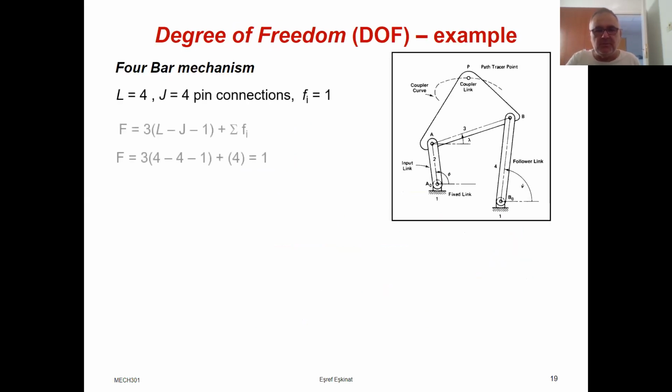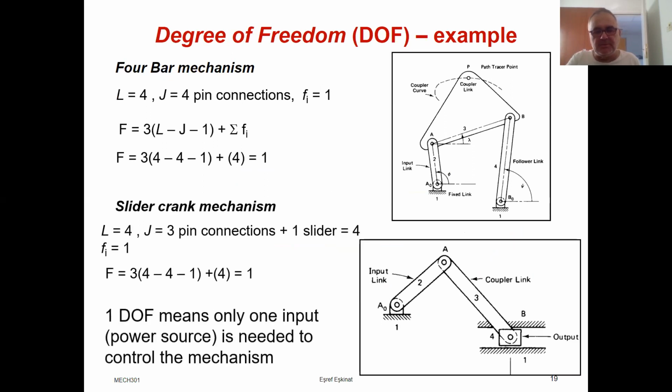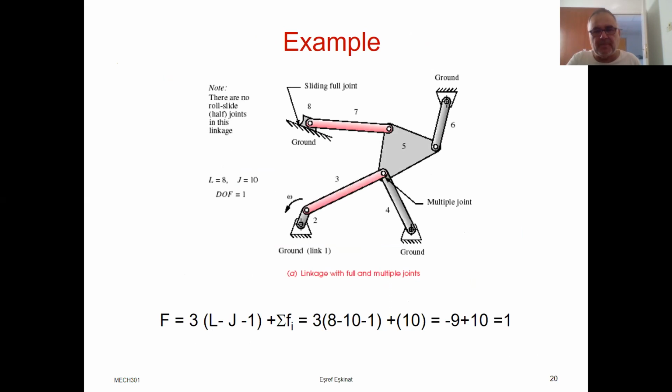So we have looked at the 4-bar and slider crank mechanisms. Let's look at another mechanism, which is a little bit more complicated. It has 8 links, actually. Again, we will find that the degree of freedom is 1.